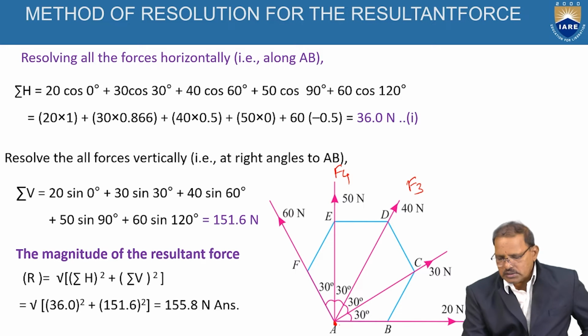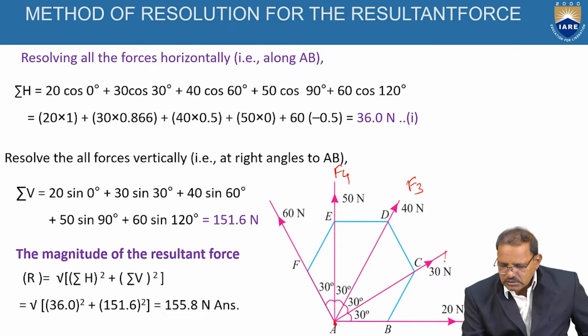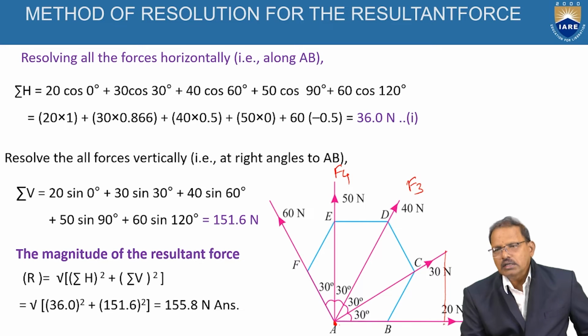So we can resolve these forces into rectangular components like this. For the first force, there is no vertical component, only a horizontal component, which is equal to 20 newtons. The second one we can resolve into two components: one horizontal and the second vertical.